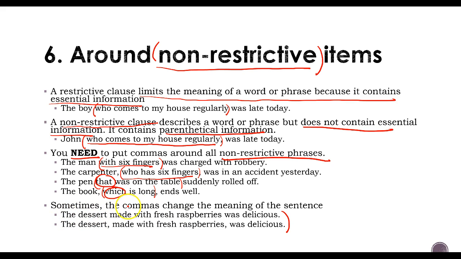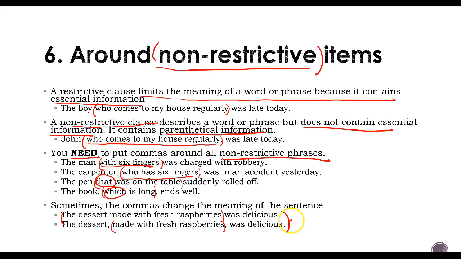And here, the dessert made with fresh raspberries, this is how the dessert is always made. The dessert made with fresh raspberries was delicious versus the dessert, made with fresh raspberries, was delicious. In this case, made with fresh raspberries is kind of a side note. Usually the dessert isn't made with fresh raspberries, but in this situation it was.